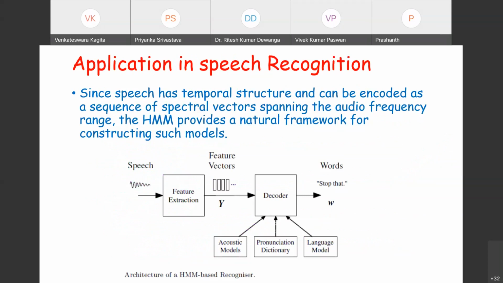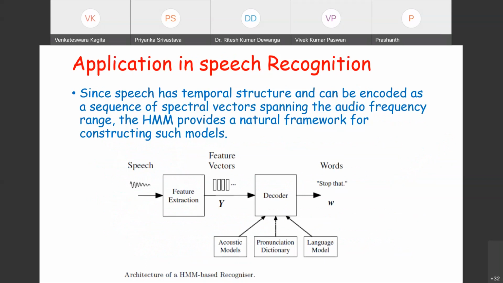This has an application in speech recognition because speech has a temporal structure, right? It depends on the sequence that you pronounce. It has a temporal structure and can be encoded as a sequence of spectral vectors spanning the audio frequency range. Therefore, hidden Markov models provide a natural framework for speech recognition.